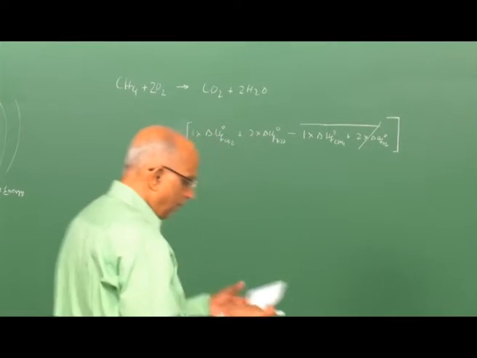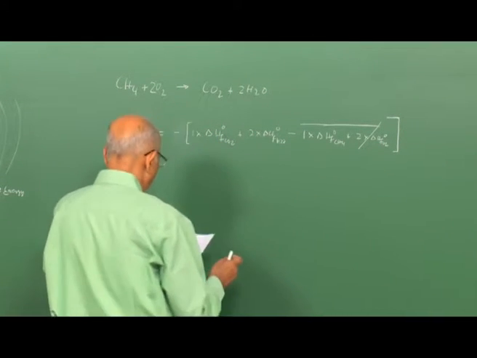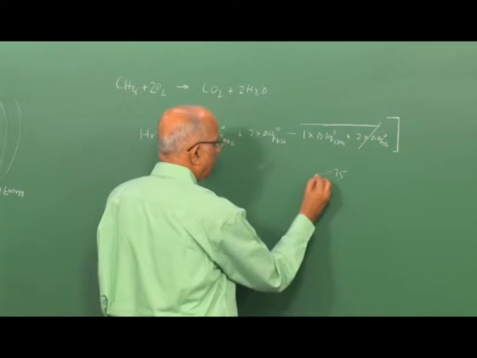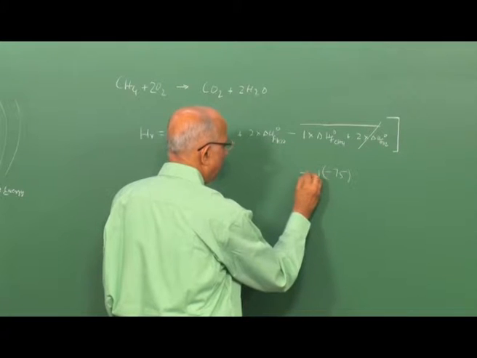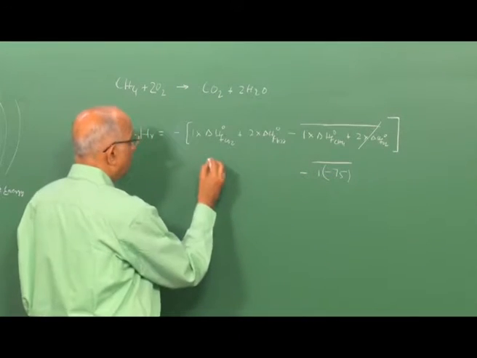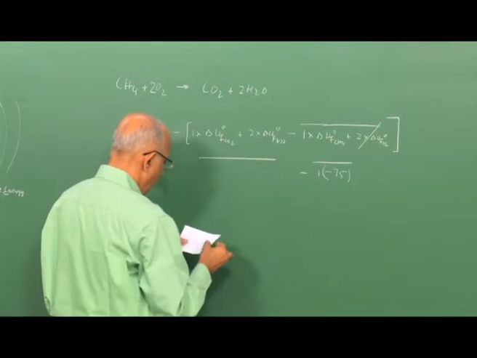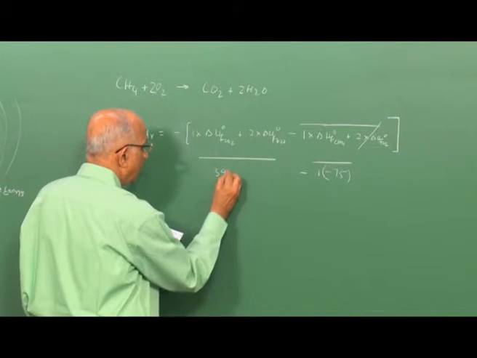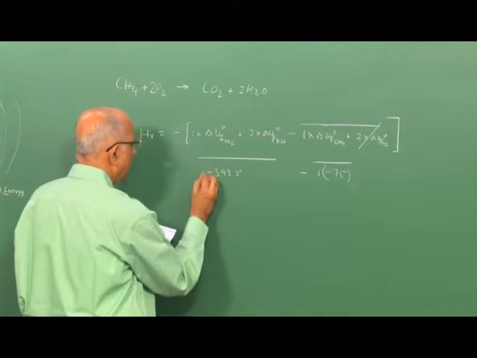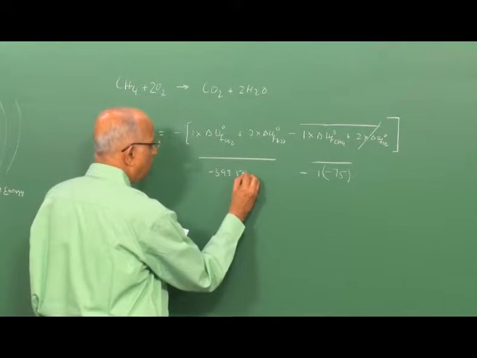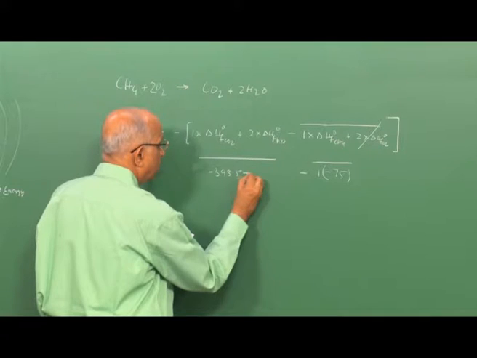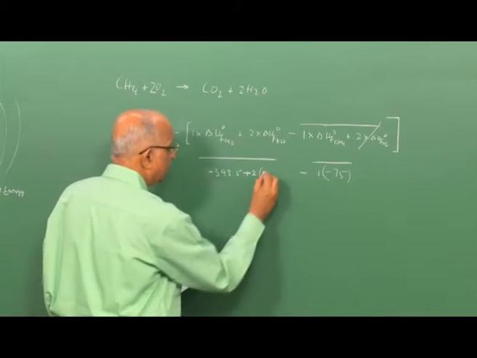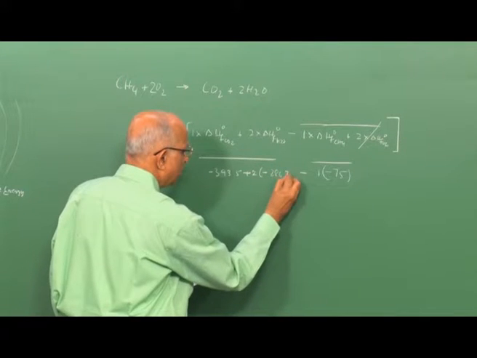If I say methane, the heat of formation of methane is minus 75, therefore minus 1 into 75. The heat of formation of carbon dioxide is 393.5 with a minus sign, that is 1 into minus 393.5, plus 2 into heat of formation of water, which is minus 286.7.